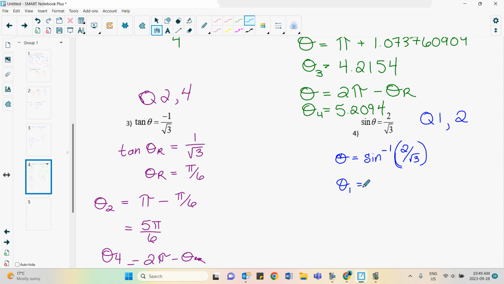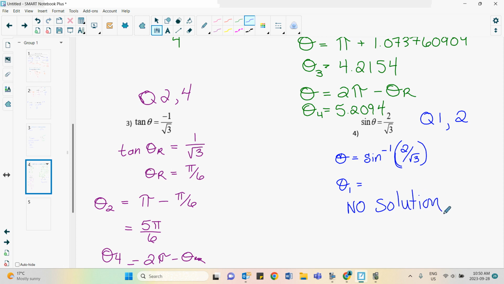So because sine and cos can't be greater than 1, because if we go back to our unit circle, what is the highest y value? 1. What is this asking for? 1.154 something? So this is not possible. No solution.